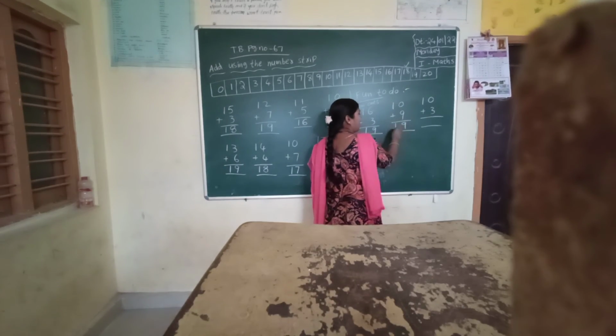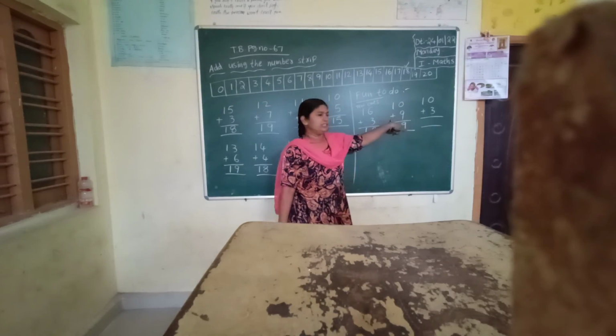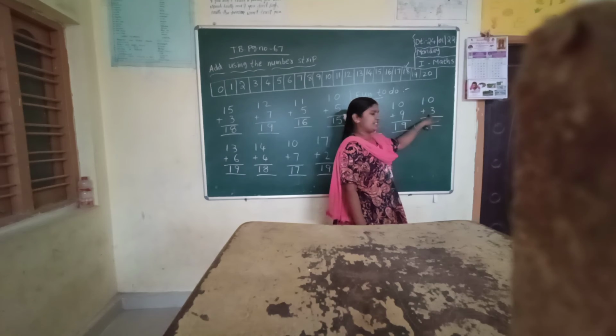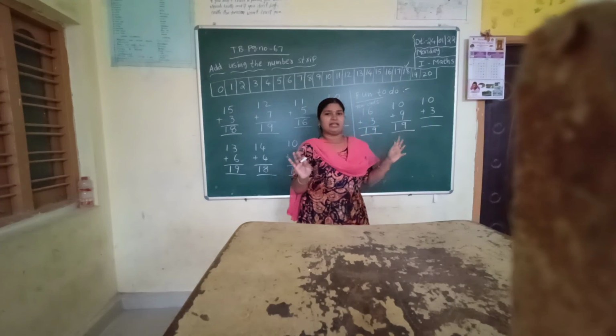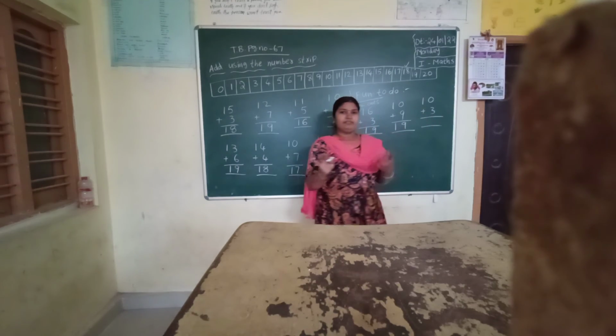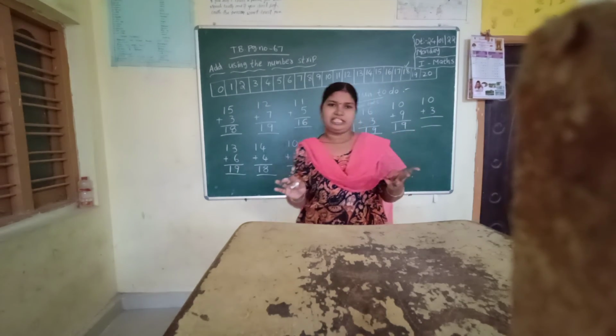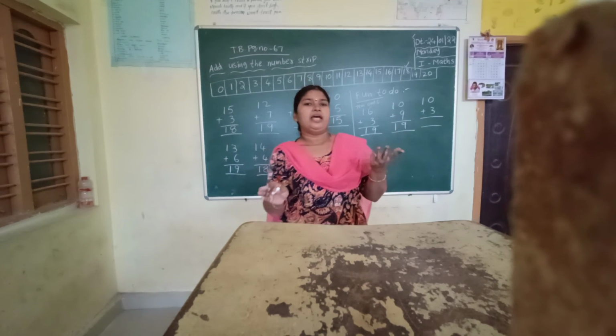And 1 as it is 1. Why? Because here they did not give any number for adding. Next see, 0 plus 3. Okay. 0 means nothing is there, ma'am. If you add 0 to any number, you get the number itself. For example, you have 3 balloons. You are playing with those balloons.